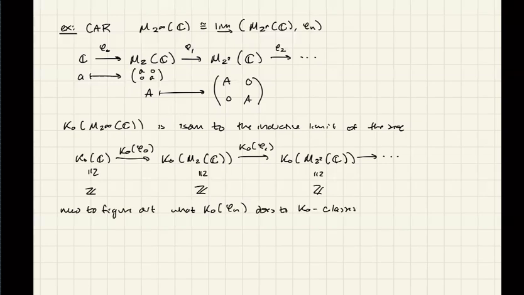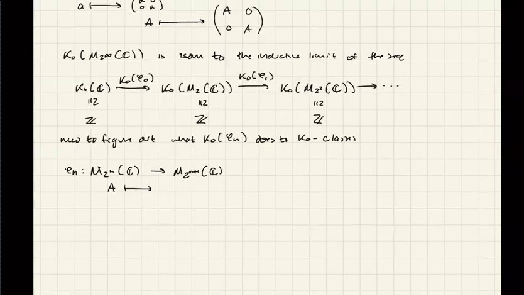Okay, so let's take phi n here and think about what the induced map should be. What phi n does is it takes a matrix A and sends it to A, 0, 0, A. So we know how this induced map on K-theory should be defined.